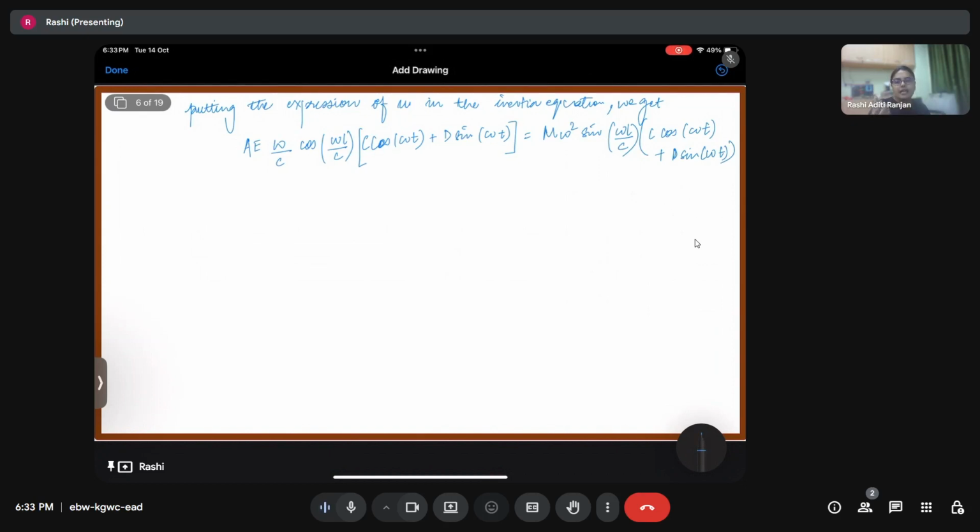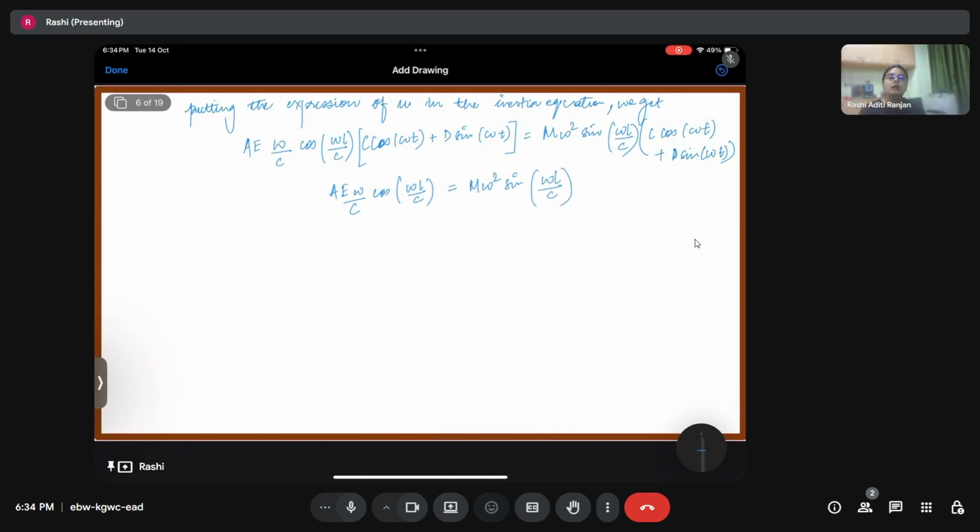So definitely A e omega by C cos omega L by C minus m omega square sine omega L by C is going to be equal to 0, right? So it is then going to give us A e omega by C cos of omega L by C is equal to m omega square sine of omega L by C, right?